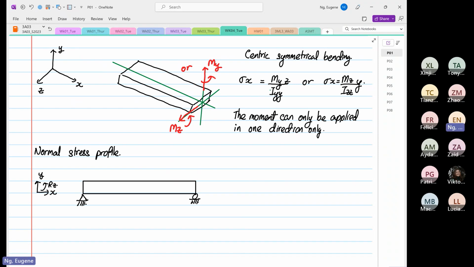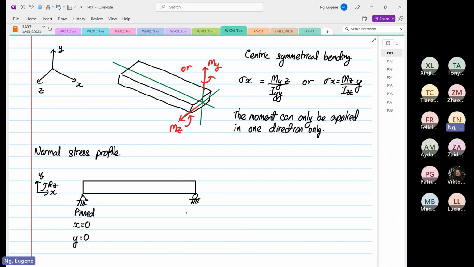Just to make sure about what we mean by pinned: in a pin, x displacement is equal to 0, y displacement is also equal to 0.